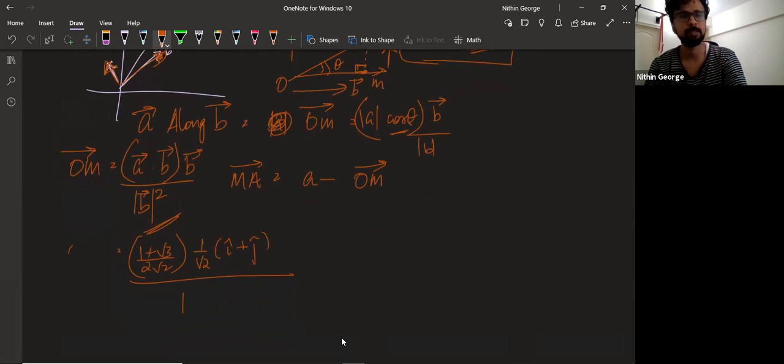So this is OM. It becomes 1 plus root 3 by 4 into i cap plus j cap.